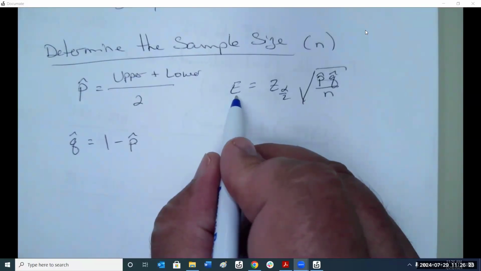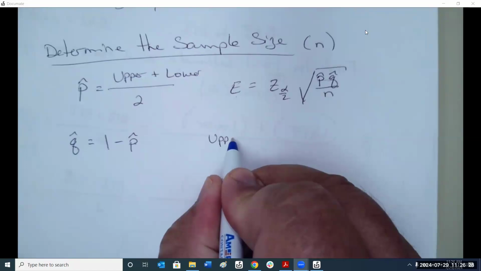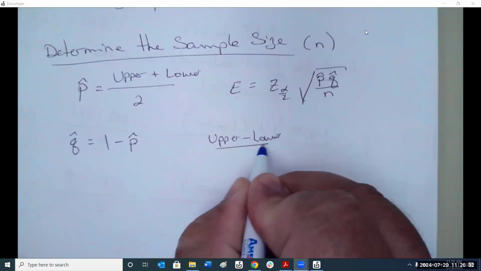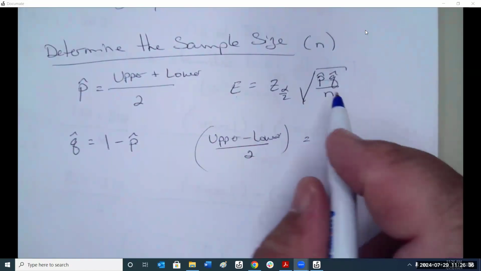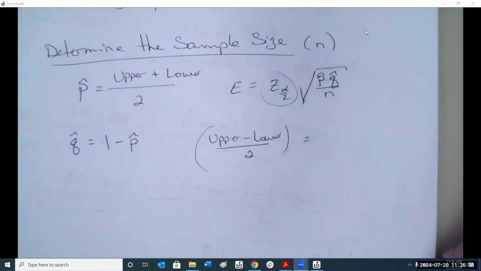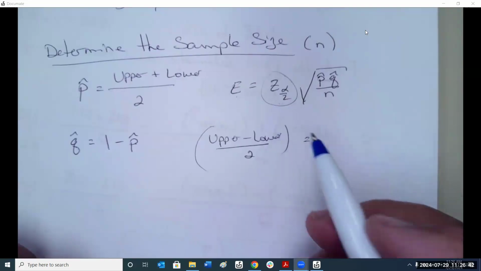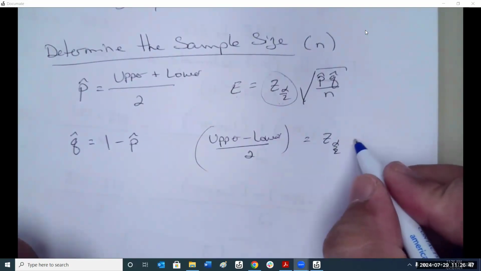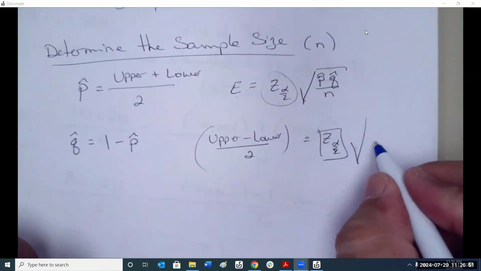We can figure out the E by upper minus lower divided by 2. We have to have the confidence interval because we have the z-score. So this is going to be given, or we can calculate it given alpha.